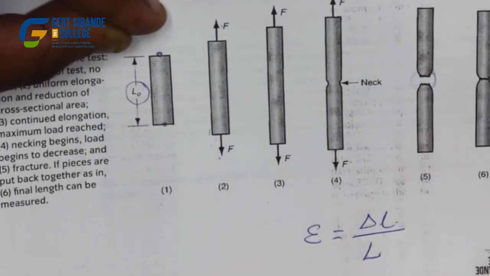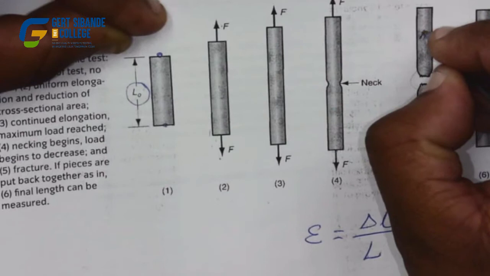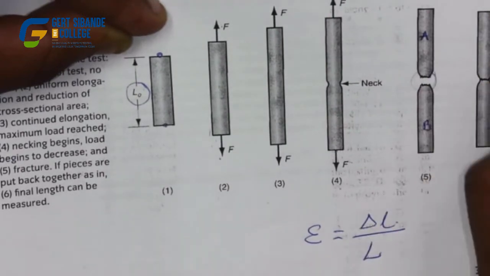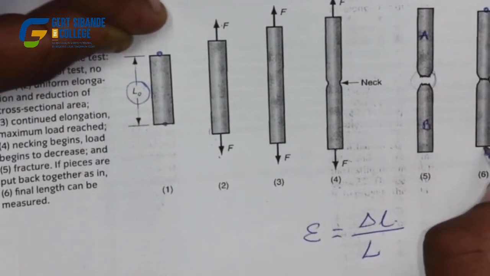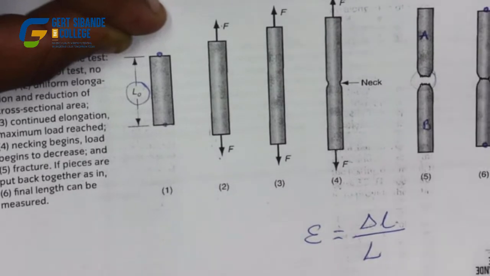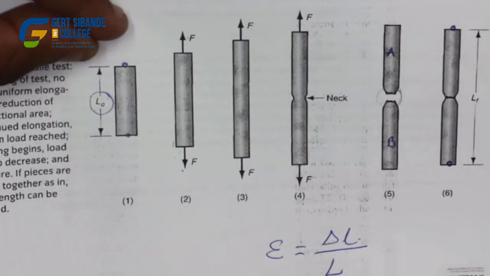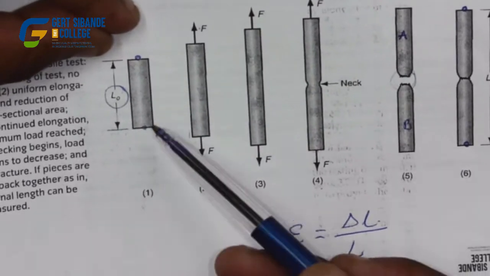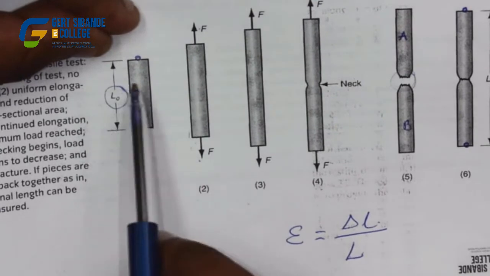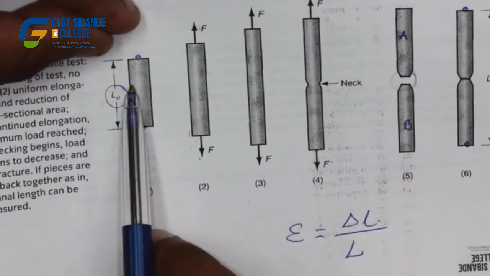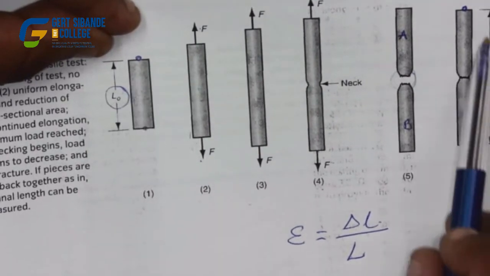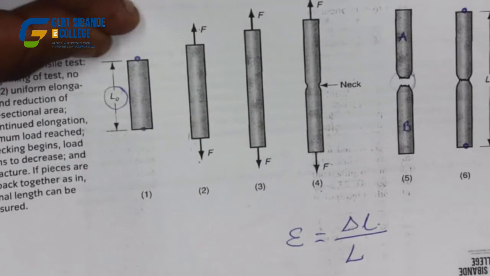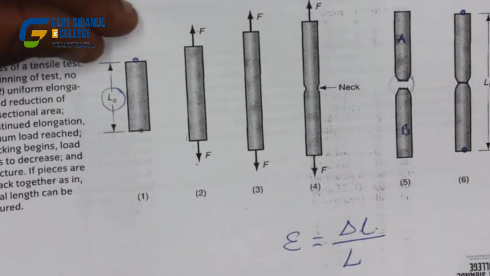At the failure point, we combine part A and part B to get the final length of the material. This will help us with the calculation if we understand that the material starts in the elastic region and goes up until plastic deformation. That is how the material will go along.